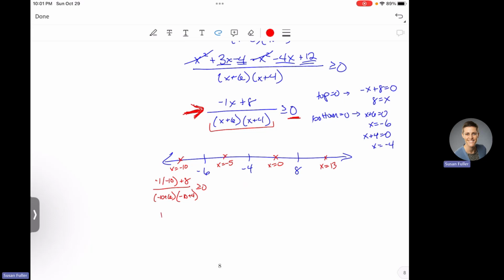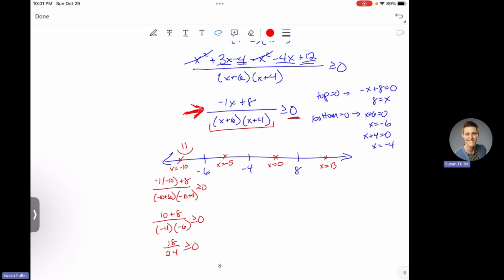So I'm going to get 10 plus 8 over -4 times -6. That says it should be greater than or equal to 0. I get 18 over 24, which if you take 18 divided by 24, I'm going to get a positive number out of that. So that is definitely going to be greater than or equal to 0. So that means this works.